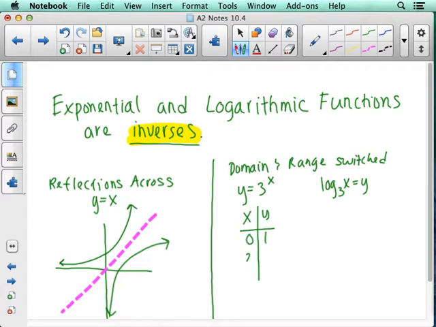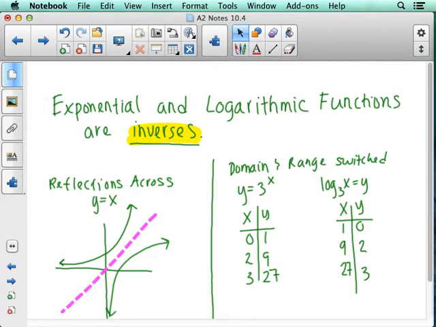We do x equals 2, 3 squared is 9, x equals 3, 3 cubed is 27. When we put these same points into here, flip-flopped, if I let x equal 1, 9, and 27, I get 0 for y, 2 for y, and then 3 for y. So the domain and the range are flip-flopped.